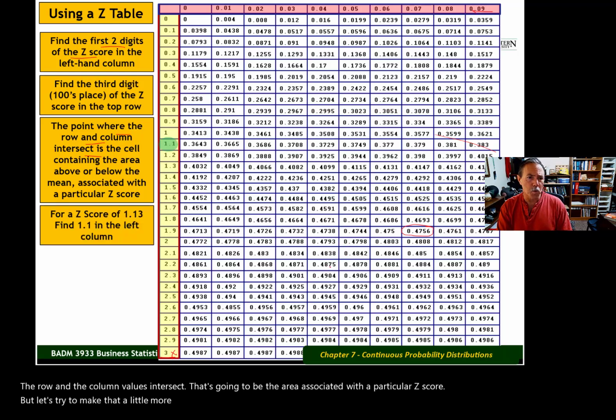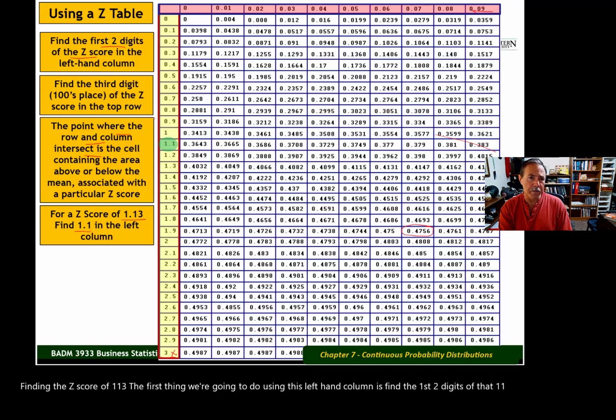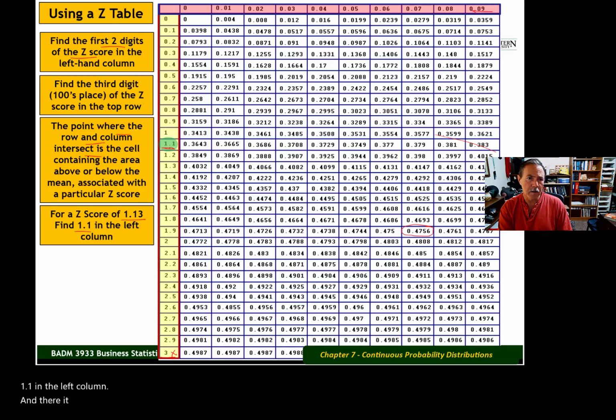Let's find the z-score of 1.13. The first thing we're going to do using this left-hand column is find the first two digits of that 1.13. Find 1.1 in the left column, and there it is. That's going to identify the row that we're working on.